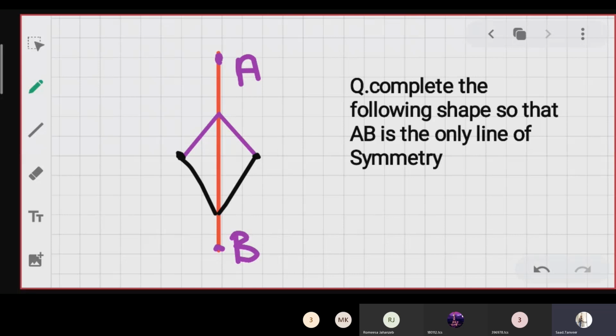AB is the only line of symmetry. अच्छा भाई, any other option? Yes, there are a number of options. If you connect this following point, like this, so obviously again AB will be the only line of symmetry. AB ही आपके पास सिर्फ और सिर्फ line of symmetry होगी.